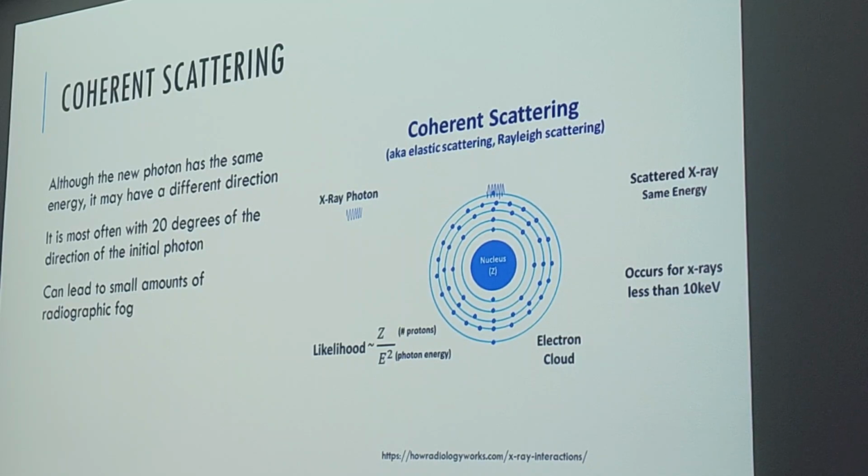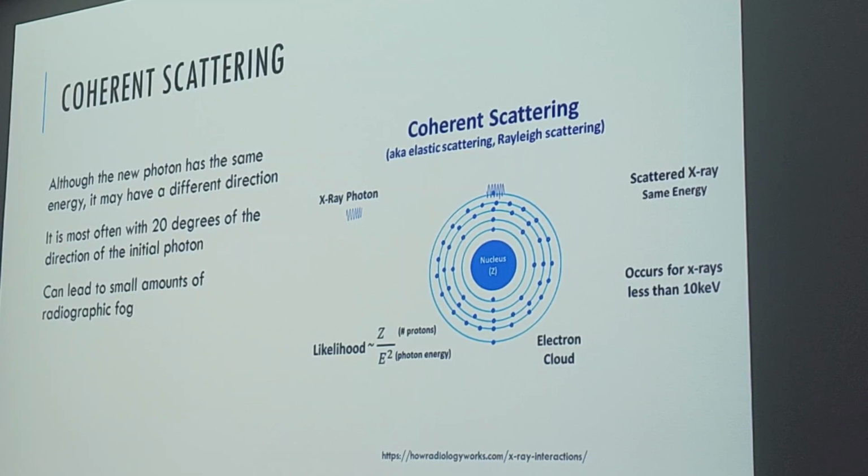It exits the atom in a different direction with the same amount of energy, but it usually doesn't exit the patient because it's absorbed in the patient. But if it does, it leads to a low amount of decrease of contrast in the image. Typically it doesn't exit because it has such low energies.